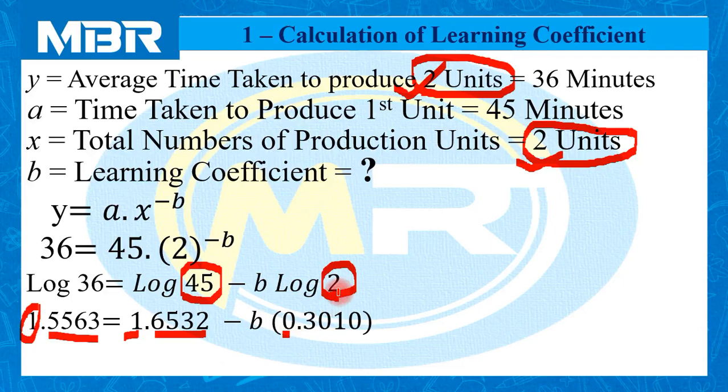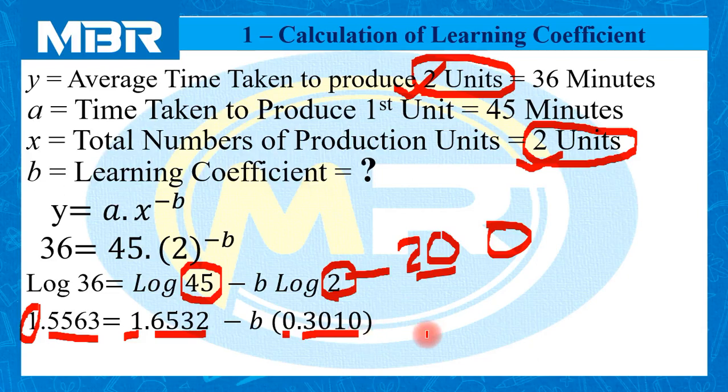Technically, 2 is not available to us in a log table, so when only 1 digit is given, we need to add a 0 from our end to consider the log value. So this 2 is considered as 20. So 20 into 0, the value of log is 0.3010. Without the help of log, it is not possible to calculate this equation. B, change the side.